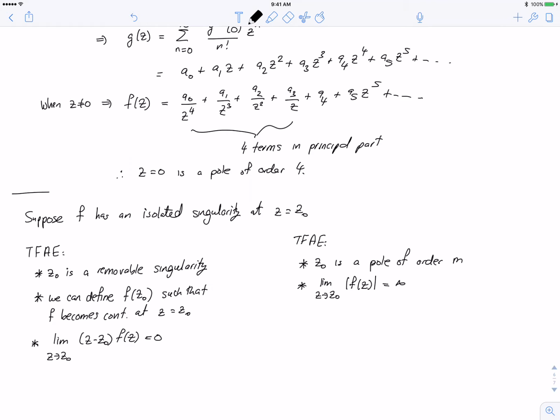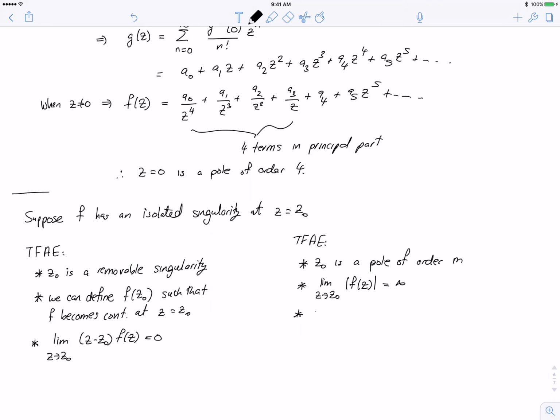So if you take the modulus of f and take the limit as you approach a singularity and that limit equals infinity, then you don't know what order it is, but you definitely know it's a pole. The second definition will tell you what order it is though.